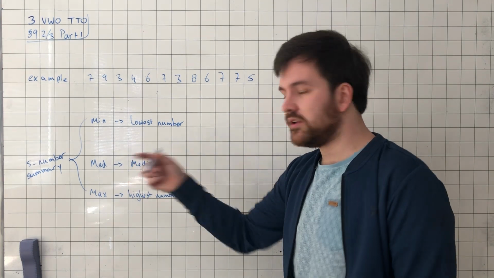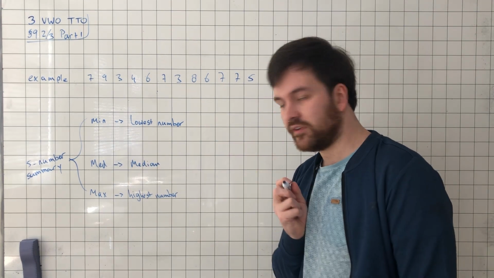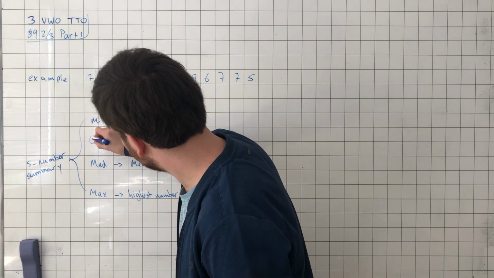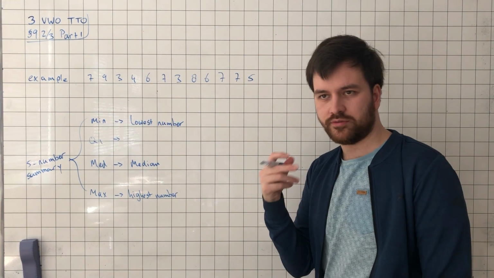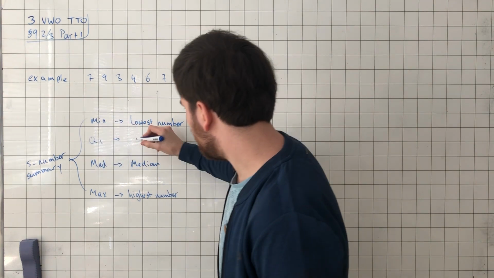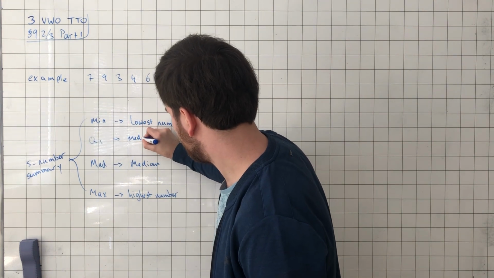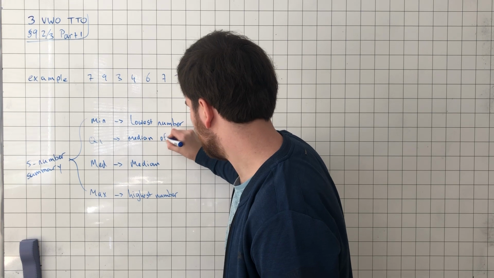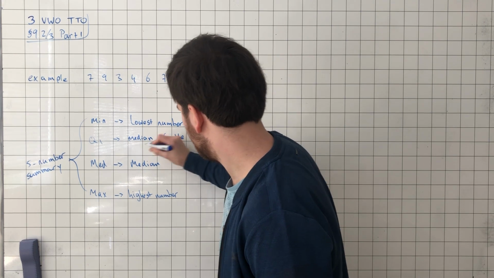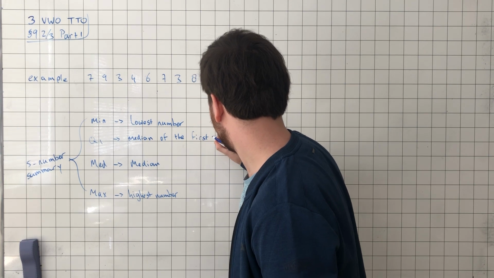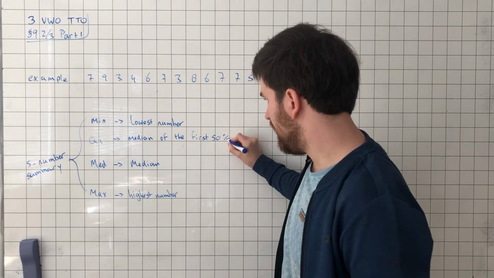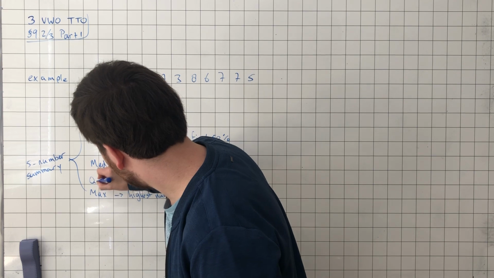Then there are 2 gaps left to fill, which will be filled with Q1, basically an abbreviation for the first quarter, which is the median of the first 50%. And then over here it's Q3.